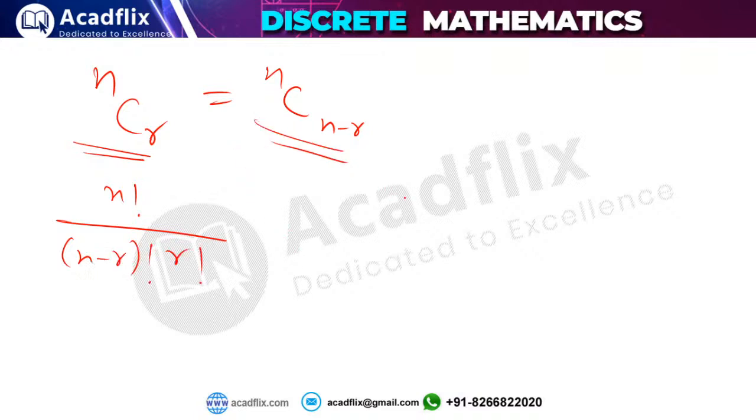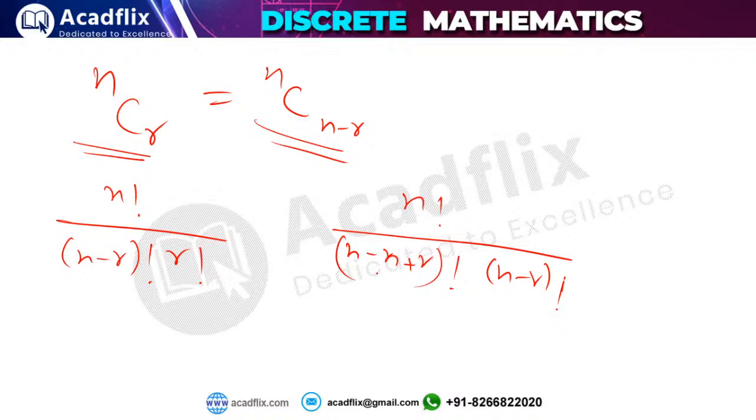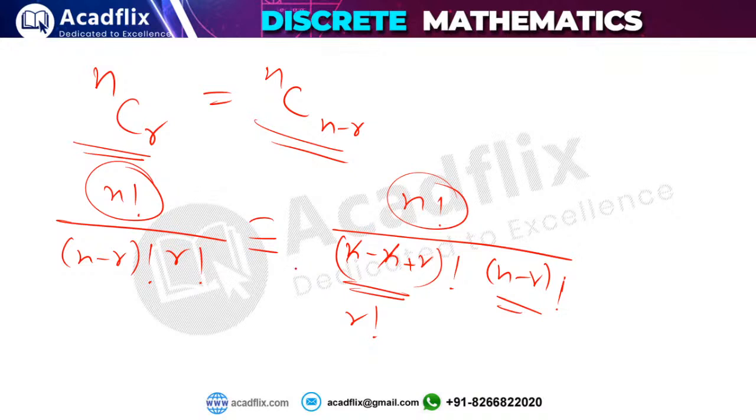This is nothing but n factorial divided by (n minus n plus r) factorial times (n minus r) factorial, which is r factorial and n minus r factorial, so you can see both are the same. Remember that nCr is equal to nC(n minus r).